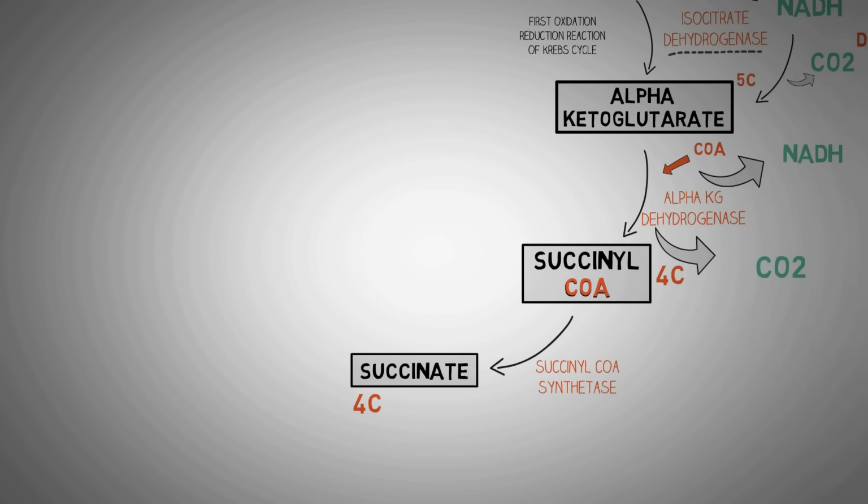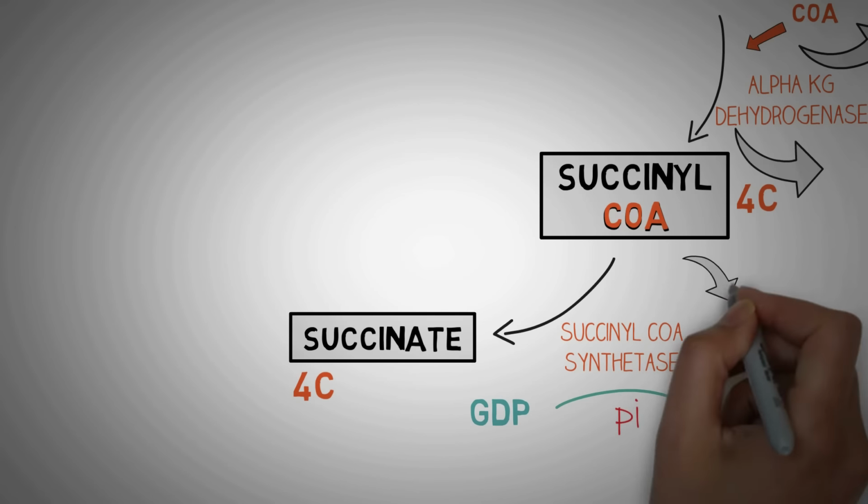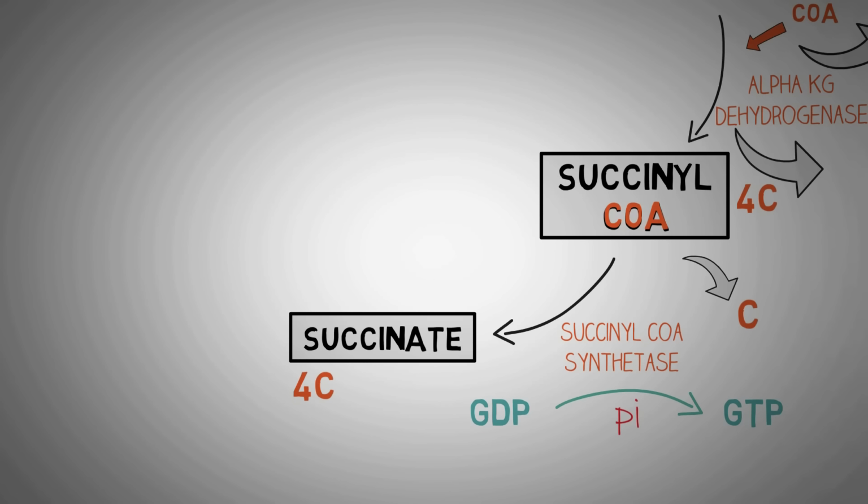So what changes? Succinyl-CoA is a high energy compound, and the energy stored in this compound is used to attach an inorganic phosphate molecule to GDP. This GDP gets converted to GTP, which is like a close cousin of ATP, and is later used in the formation of an ATP. The coenzyme A attached to the Succinyl-CoA also gets released in this reaction.